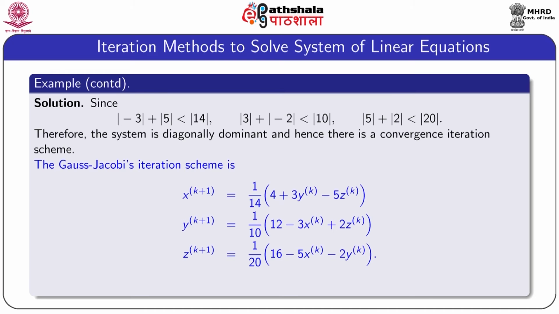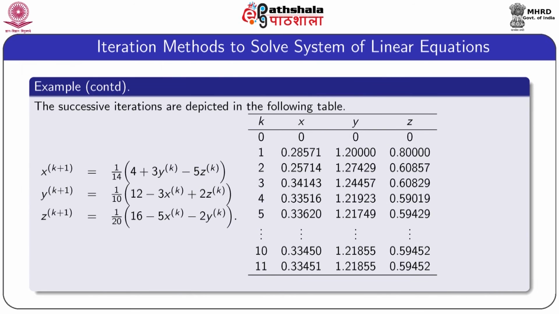This is the iteration scheme for the Gauss-Jacobi's iteration, and for this problem we assume the initial solution to be 0, 0, 0. The successive iterations are shown in the following table.